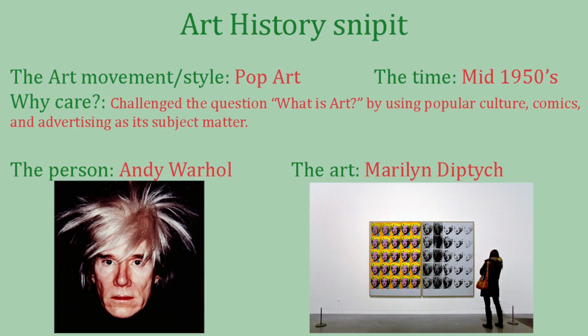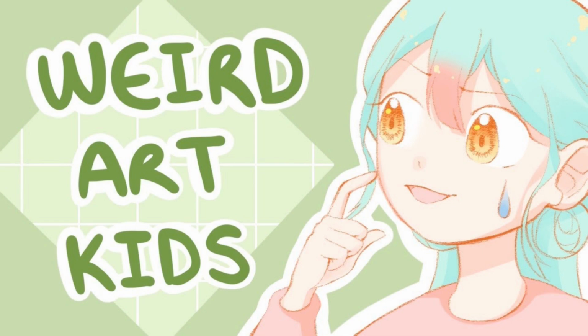Now for your art history snippet. We'll keep these little art history things short and sweet. The style that today's tutorial covers is a pop art style. It originated in the mid 1950s, and why should you care? Well, we're in digital art. We are not in a traditional art class.